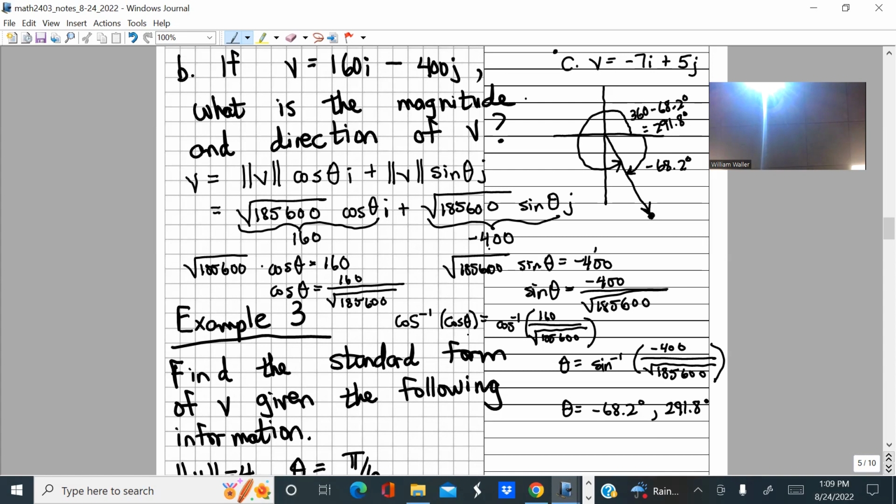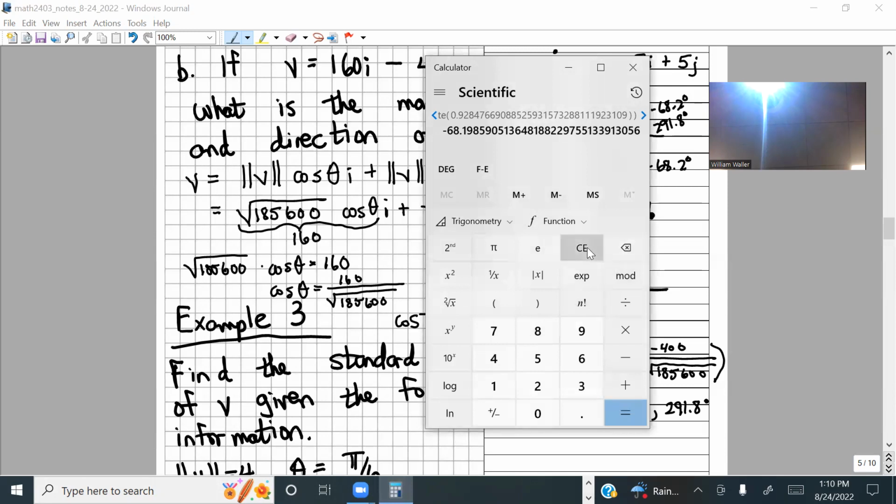Let's try calculating it this way and see if we can figure it out correctly. So let me pull up the calculator again. We have here again the 185,600, and then I want to take the square root of that.